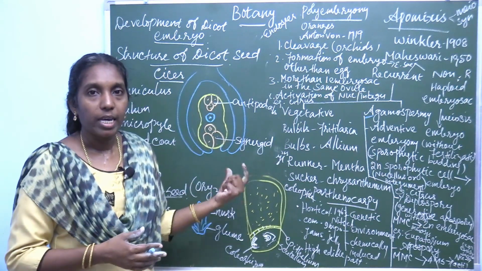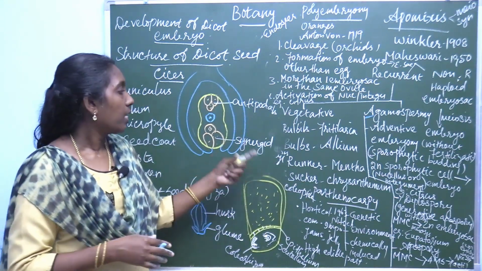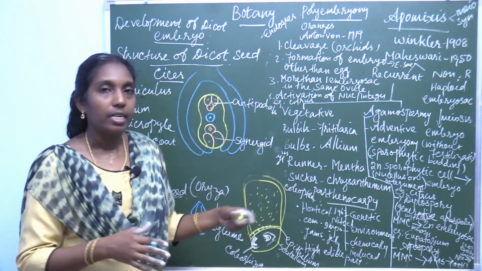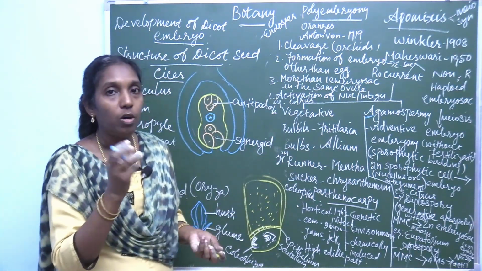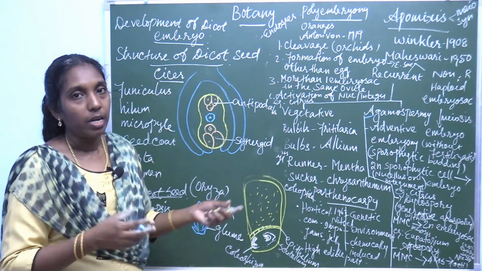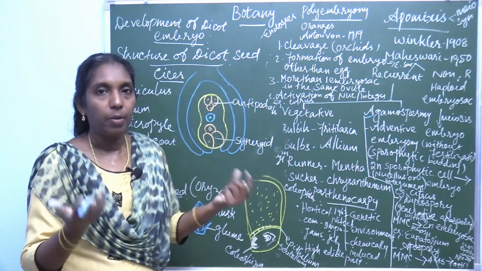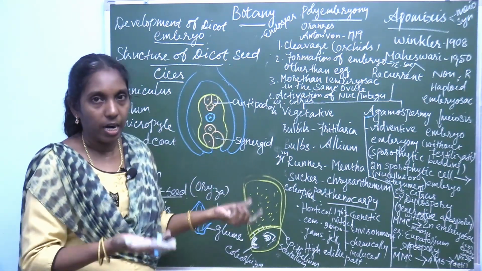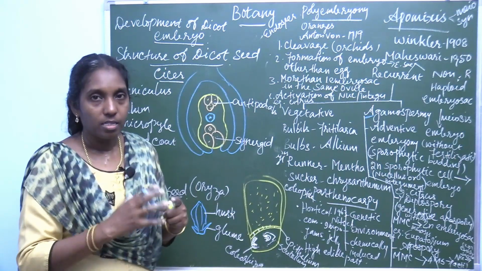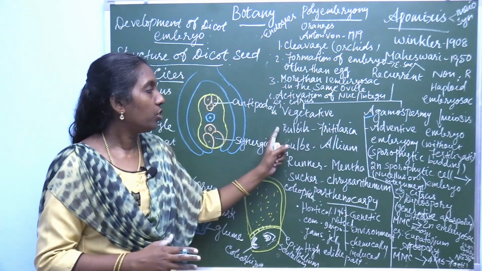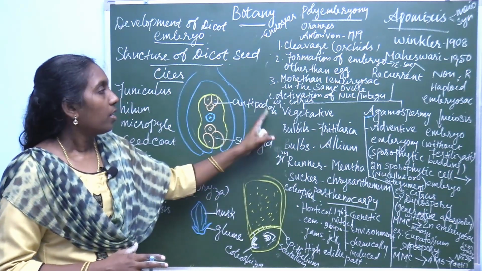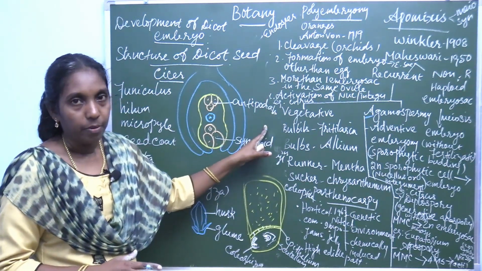You learned so many examples. Runner, example mentha; sucker, chrysanthemum; bulbil, fritillaria; bulb, onion or Allium cepa. So any vegetative part other than the seed develops into a new plant. That type is vegetative. It comes under the recurrent type.